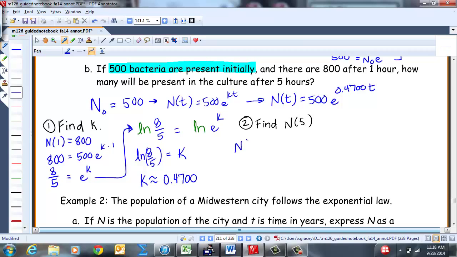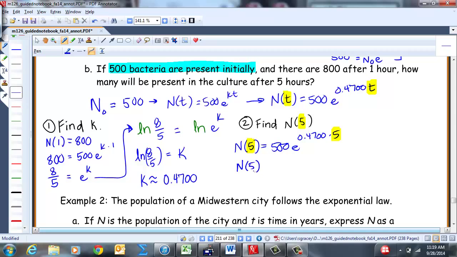So n at 5 will be 500 e to the 0.4700 times 5. So now I'm just plugging in, wherever I see a t, I'm plugging in a 5. That's what we do on this guy. Okay? All right, so here we go.